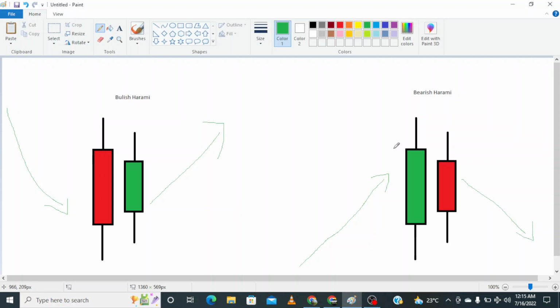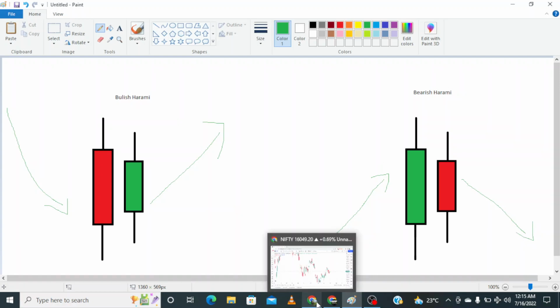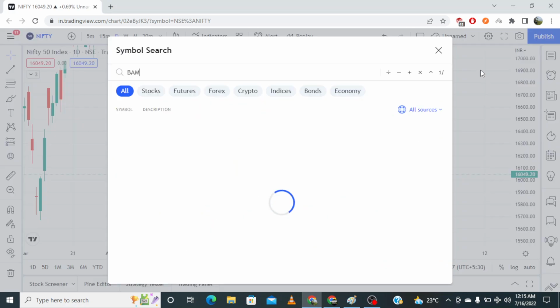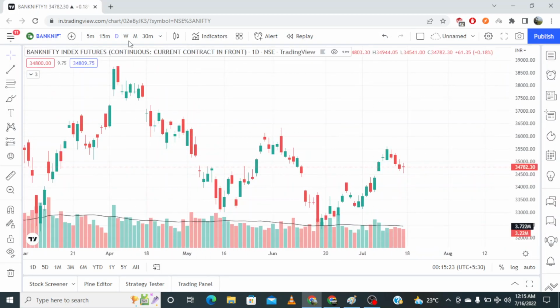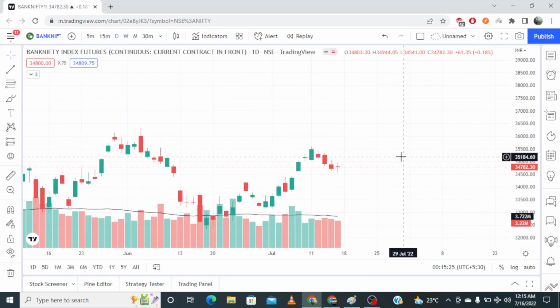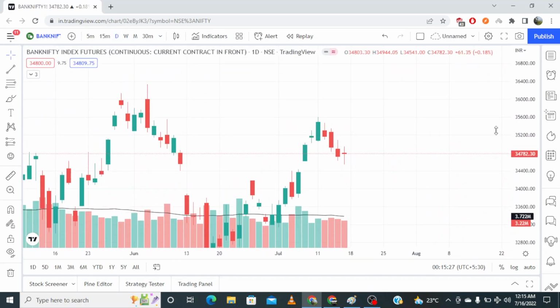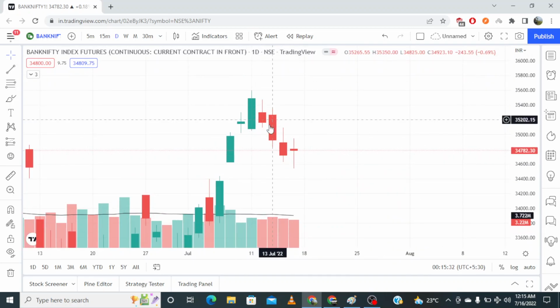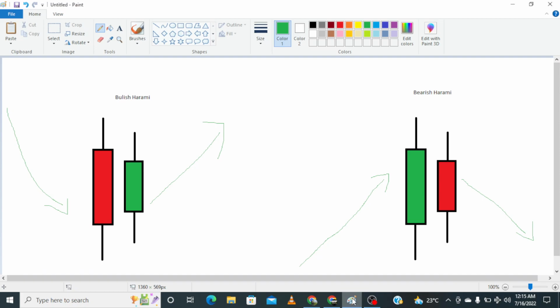In fact, I have a beautiful example of this right now, right here. Let me just pull it up. Yeah, Bank Nifty and daily time frame, I suppose. Yes, my friend, daily time frame. Do you see this? Okay, this is not it.